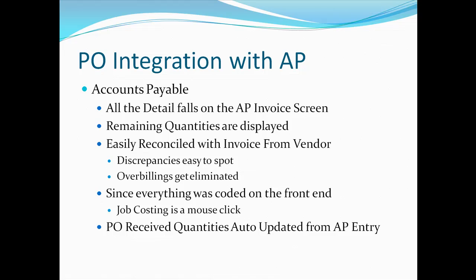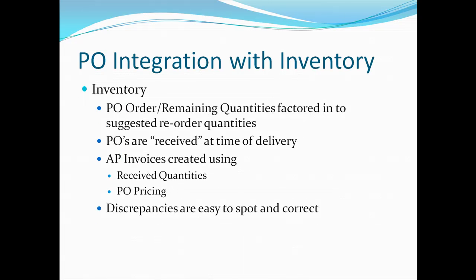PO received quantities are also updated from this AP invoice so that we have current remaining quantities. We have some nice integration with inventory if you use inventory. So the PO order and remaining quantities are factored into the reorder reports. These are the suggested quantities that we might need to be ordering to maintain the desired levels.